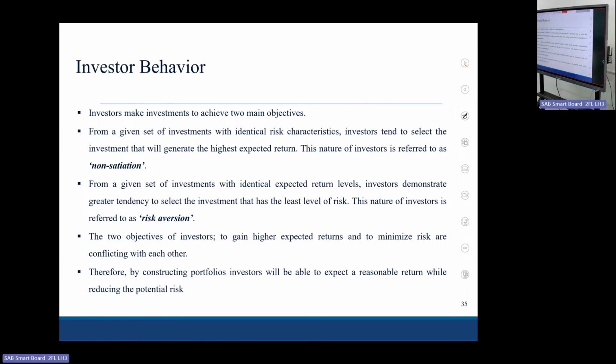And also suppose you are given X and Y like this, with expected return and standard deviation: 12%, 12%, 20% and 15%. Now which one are you going to select?